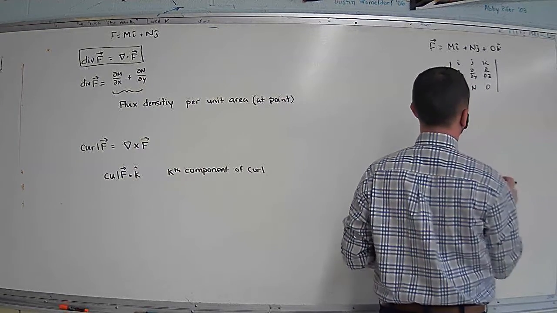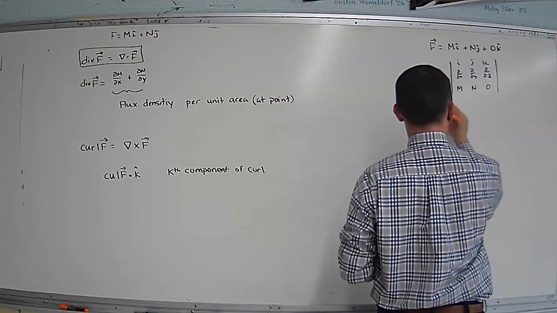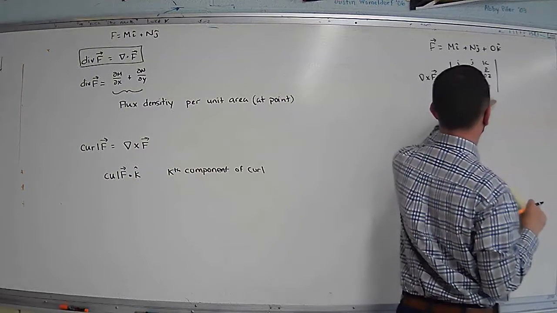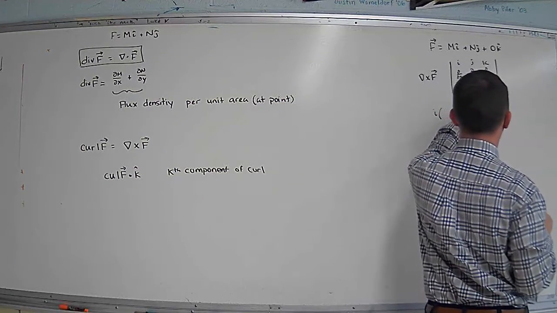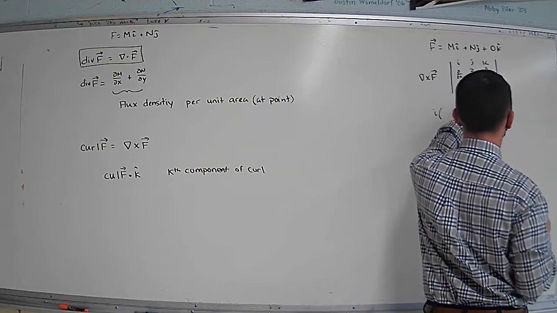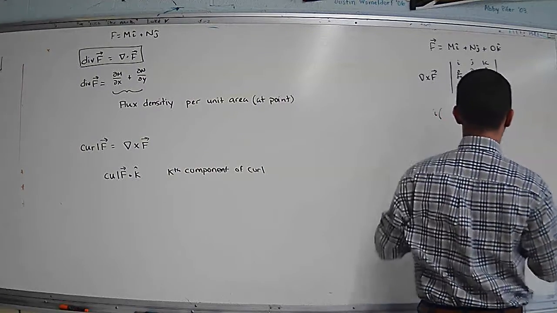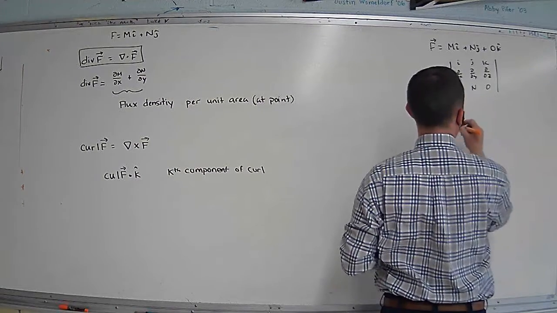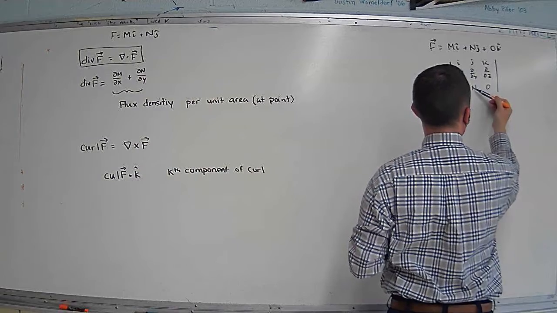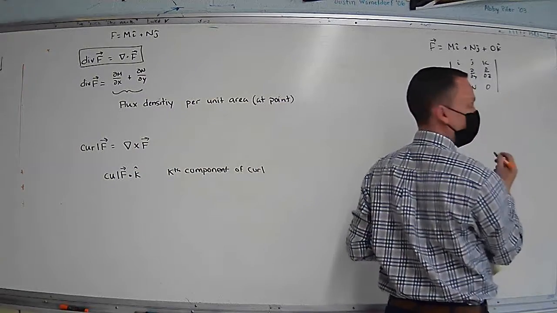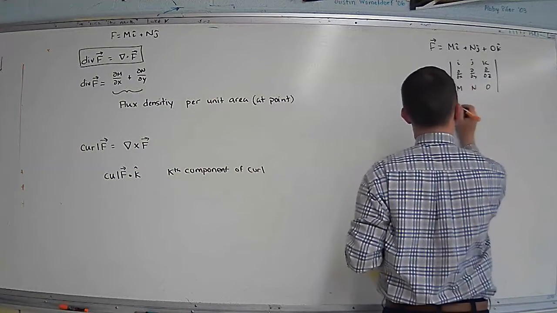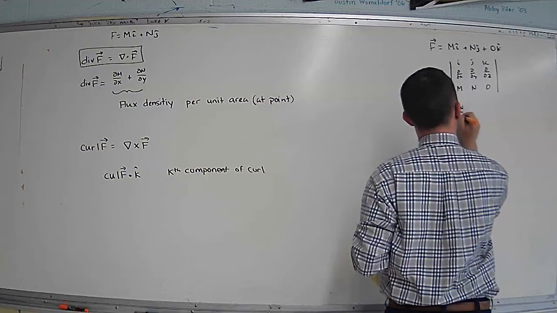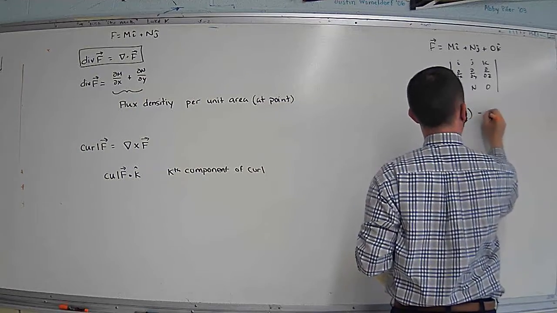So here we go. The i component of that cross product is going to be the partial with respect to y of 0, which is 0, minus the partial of N with respect to z. Minus j.